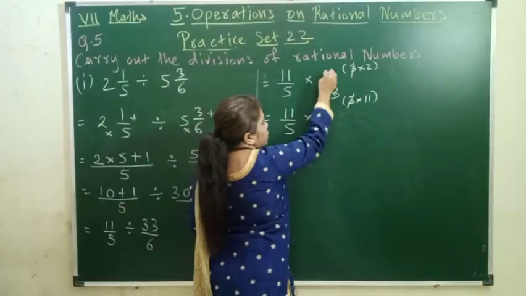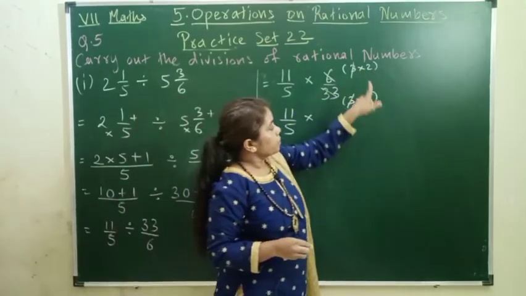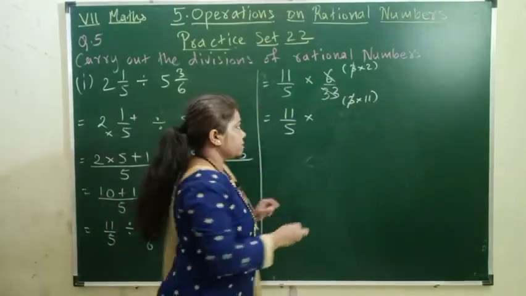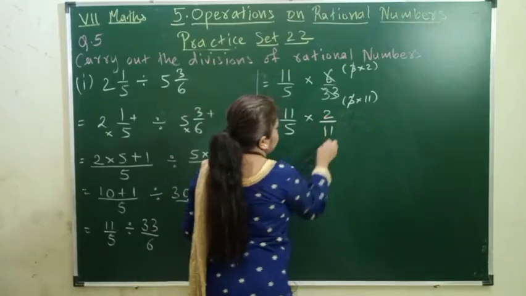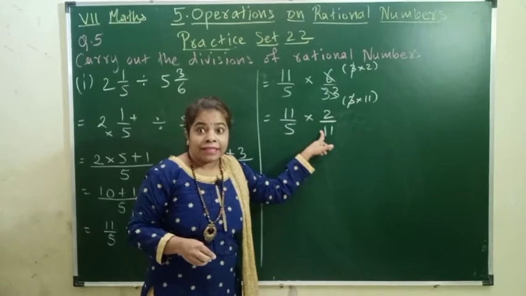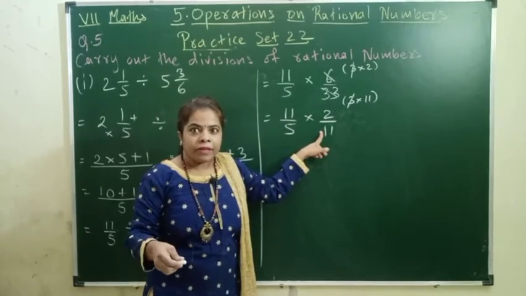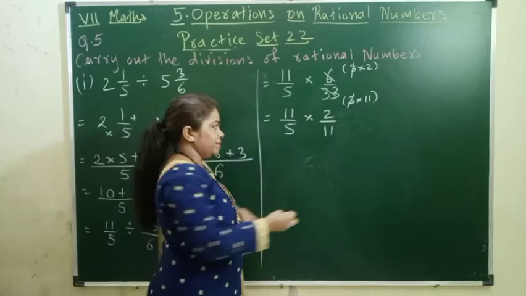This also we have to cancel. 2 and 11. Now, children, these two are coming in the same table. Rather, they are the same numbers. 11 ones are 11, 11 ones are 11.